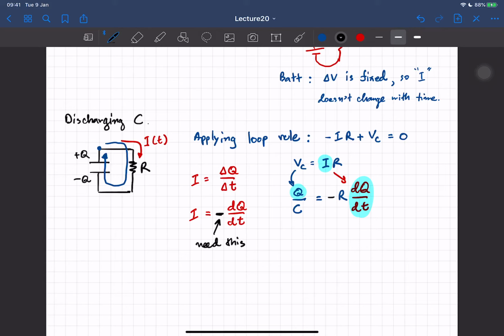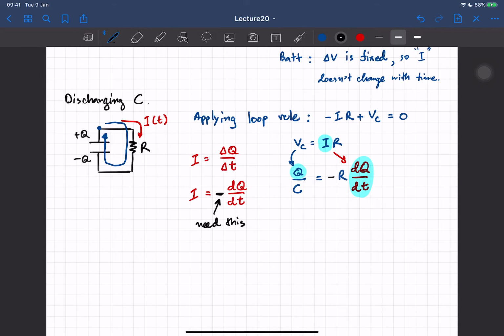Okay, so we have here a differential equation, and I'm not sure if all of you have taken a class in differential equations, but this is a very simple case, so don't freak out if you have not, because in this case you just integrate the equation and then you get the result.